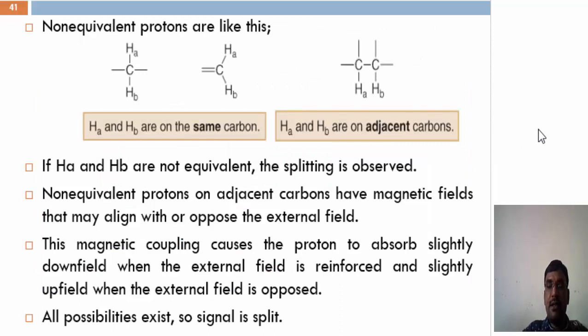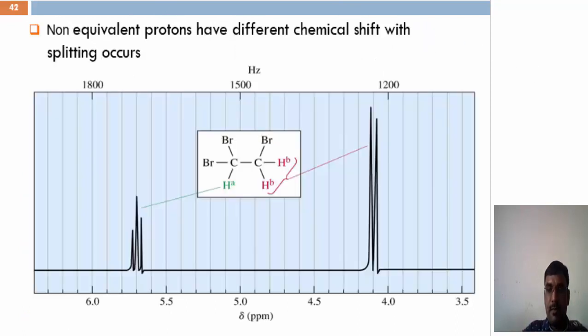Here we can see Ha and Hb are on the same carbon atom, and Ha and Hb are on a different, adjacent carbon atom. These both have different environments, meaning these two protons are not equivalent to these two protons. Here we can see the peak.